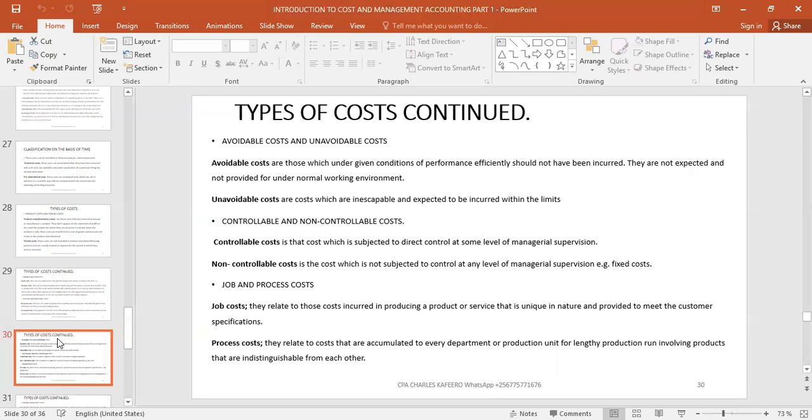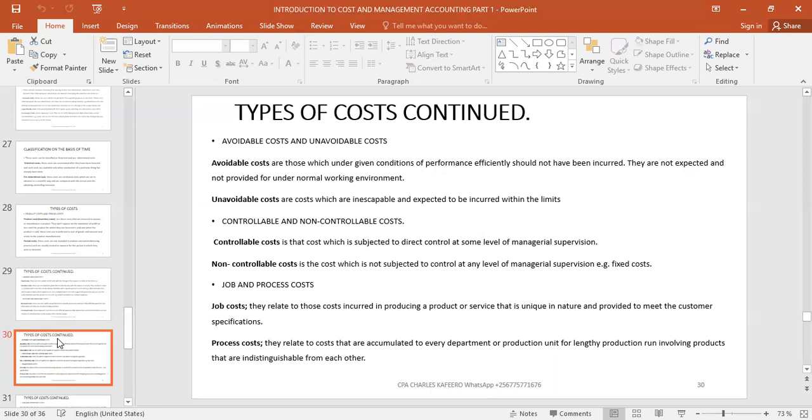With the process costs, we consider a similar product. The client may come with a demand of 10,000 units, but we just know that we will use the same output for another client.